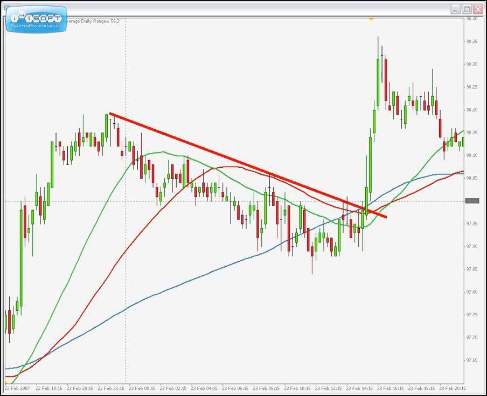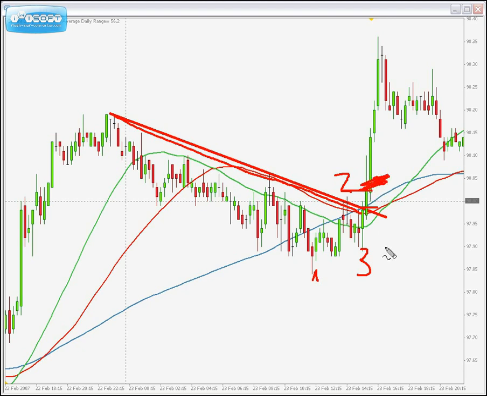And we soon find this is the area of dynamic support and resistance in the setup chart. We see a 1, 2, 3 formation with a trend line break, making new highs. That would be our entry, our long entry.